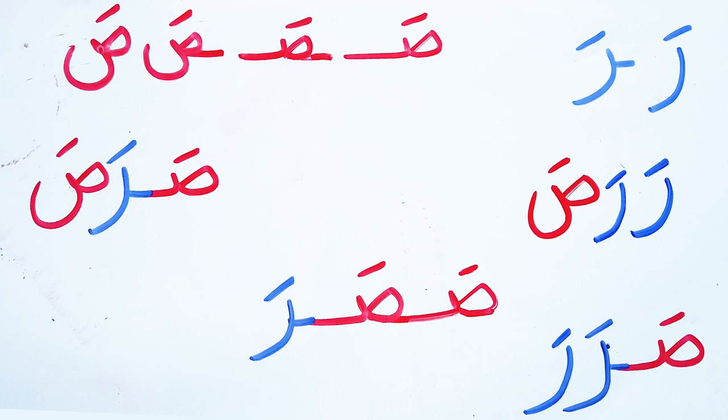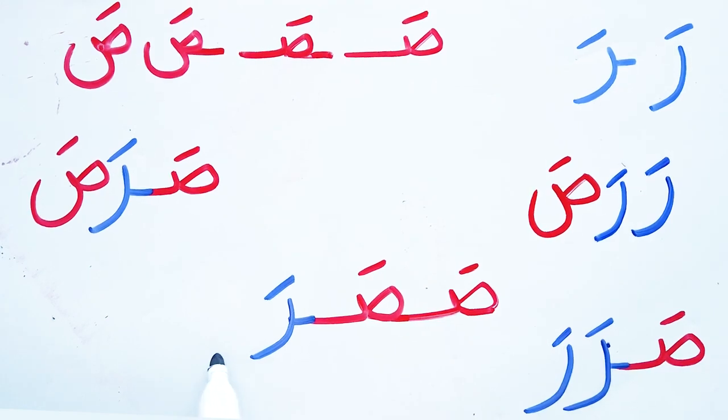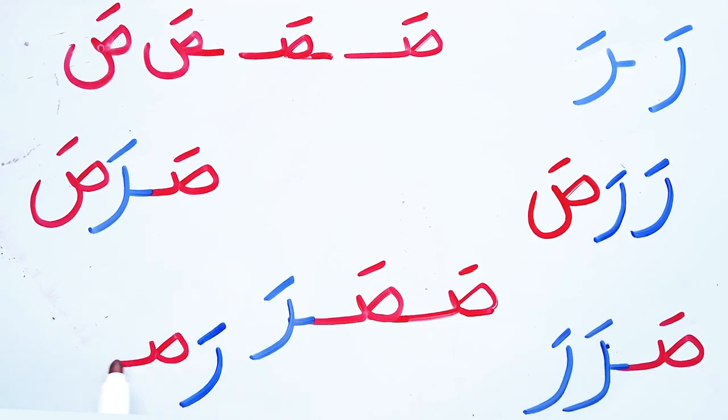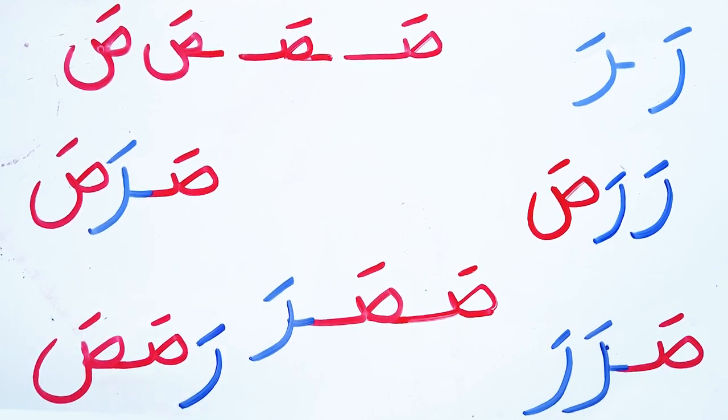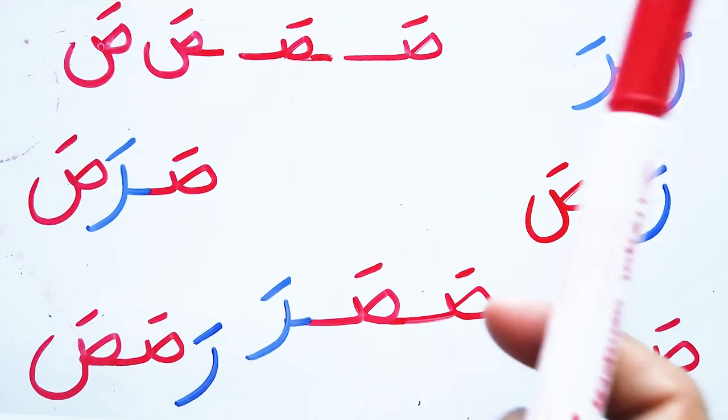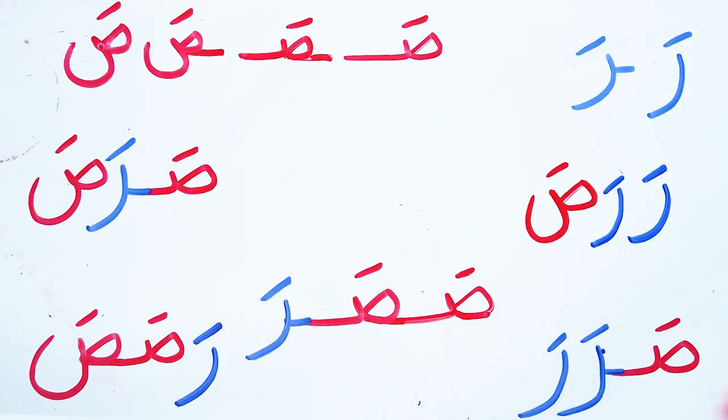And finally, let's write ra, sa, sa, ra, sa, sa. So the same thing, these are the shapes of the letter in the word as the previous example of sa.